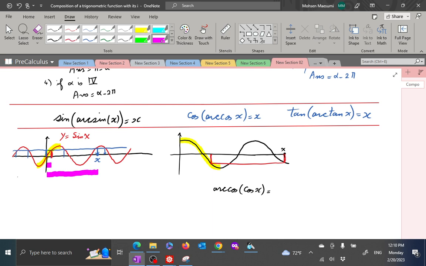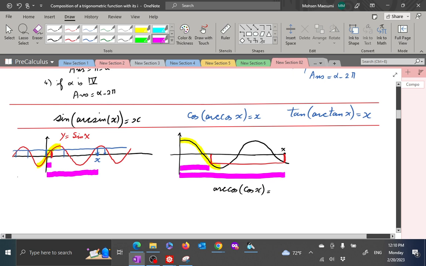So this is the x you give me, and for arc cosine of x, I have to go as far as this location to duplicate that cosine, and at the same time stay within the permitted range.